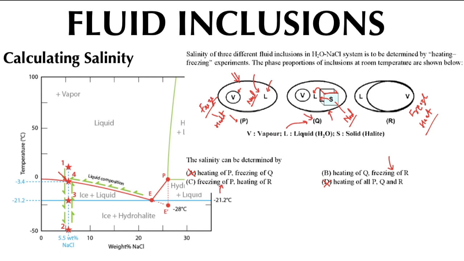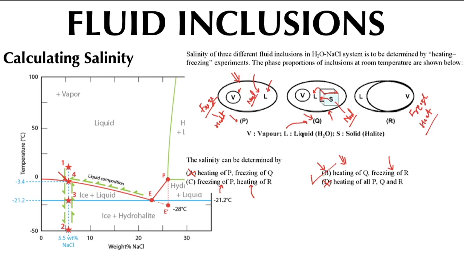So it will be heating of Q. So it is heating of Q and freezing of R. See, C is also wrong because it is saying heating of R. We know we don't have to heat R. Both R and P first need to be frozen and then we have to do heating. And for Q, you have to heat it first so that NaCl gets dissolved in the liquid phase. Then only you can calculate the salinity. So the correct option here will be B, right? Heating of Q and freezing of R.